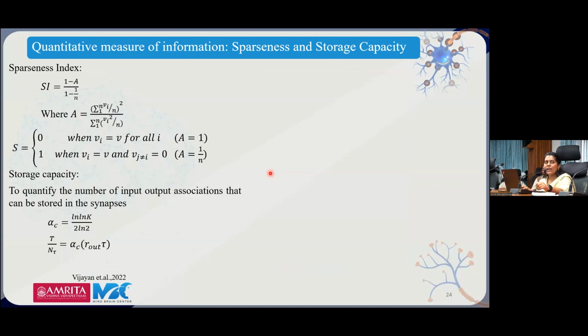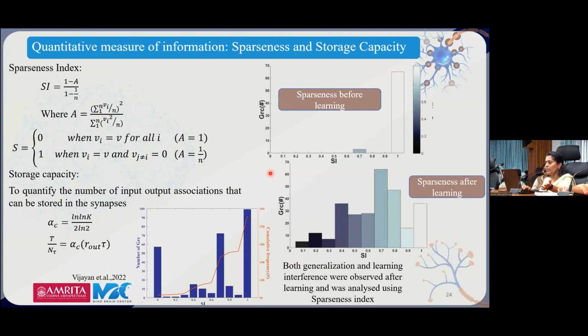And the next step was to identify how much information is being quantified in each of these neurons. So there are two different measures we looked at. One is the sparseness index, and the second one was the storage capacity. Sparseness index will help you identify how much learning happens inside the neuron. We calculated the sparseness for the granule cell, as granule cell is known to be distributing the sensory signals.